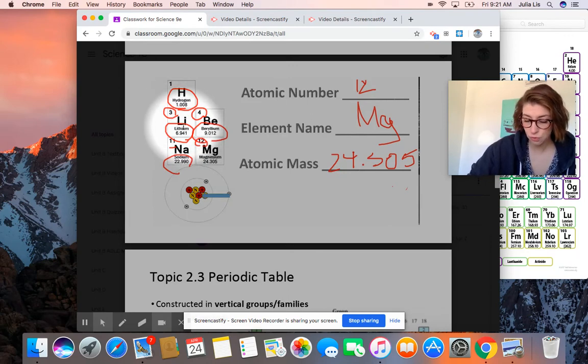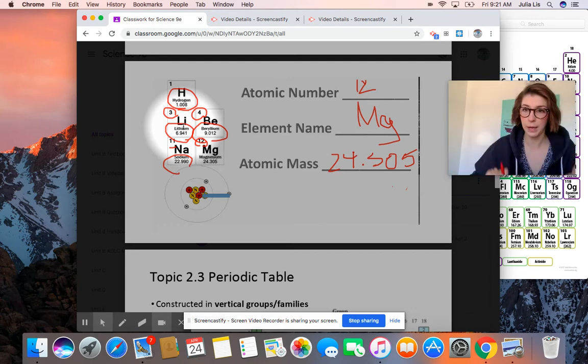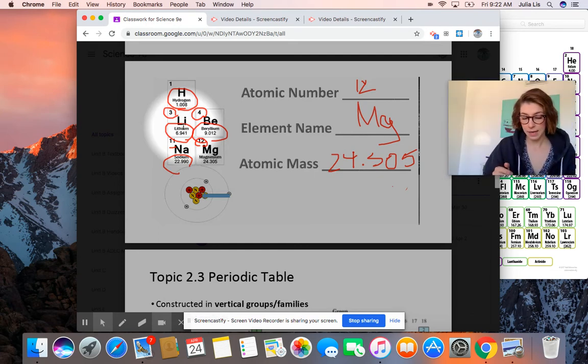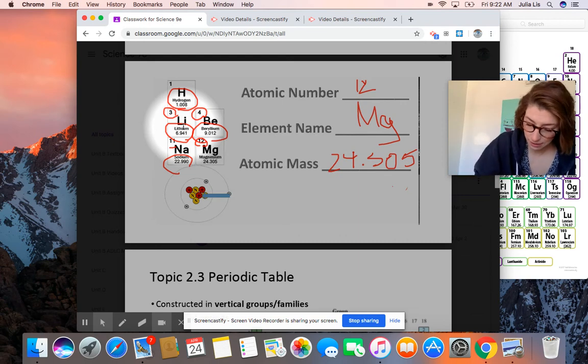So if you were to draw lithium using the Bohr model, you would see that it has 3 protons in the nucleus, okay? It would also most often have 3 neutrons in the nucleus, okay? And then it will also have 3 electrons orbiting the nucleus.